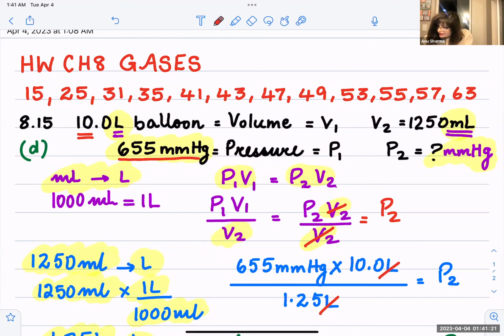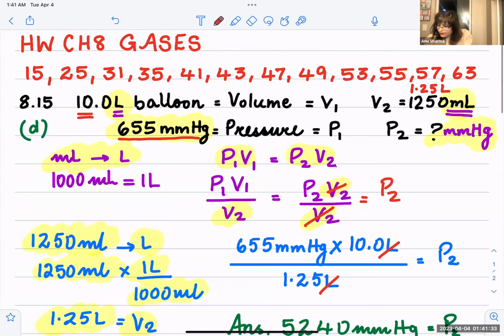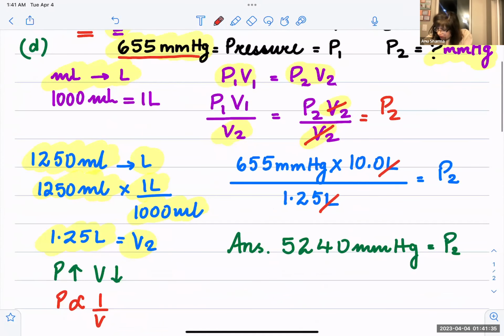Technically this is 1.25 liters. So when the volume has gone down, the pressure should go up. So you see that when the volume has gone down to 1.25, the pressure has become 5240 millimeters of mercury. Okay, so that is your answer.